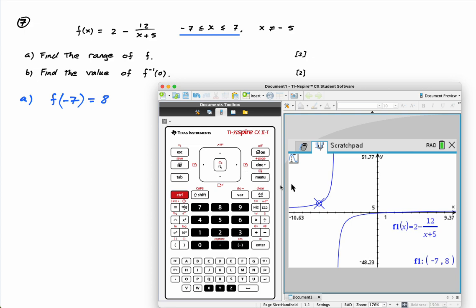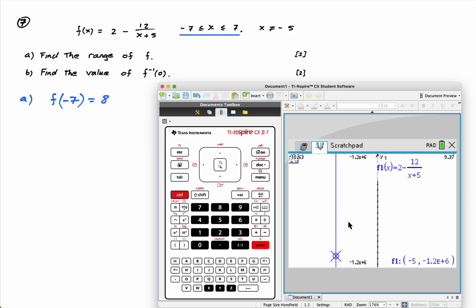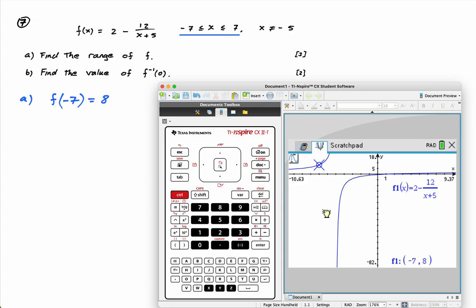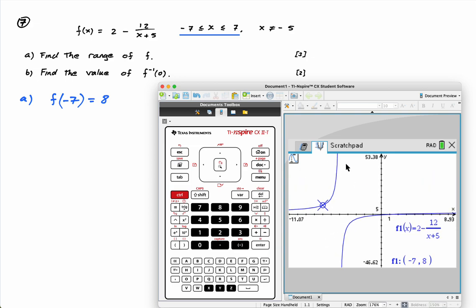So for example, I wanted -4.99999, because that's approaching -5 from the right. And I get, again, -1.2 million. Anyway, if you don't fully understand what I'm doing there with the infinity stuff, just understand that this is going to infinity and this is going to -infinity.